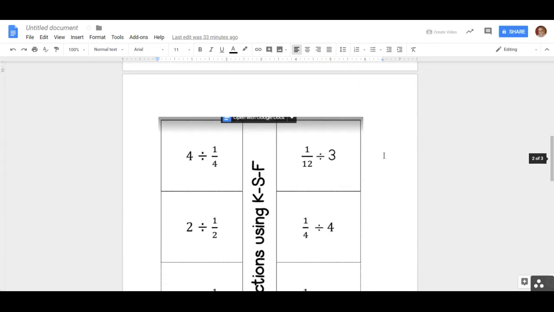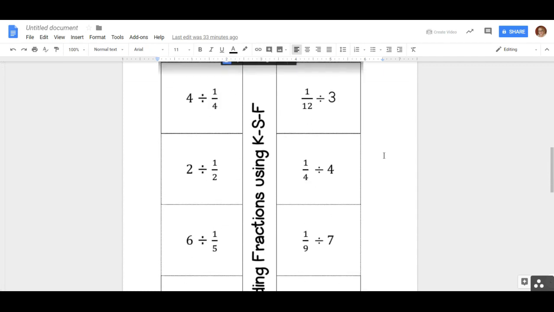If you notice, on the left-hand side, it's not a fraction that's starting our equation. It's a whole number. We are still going to use keep, switch, flip. We're going to keep what we see first, and we're going to switch the operation and flip what is next.